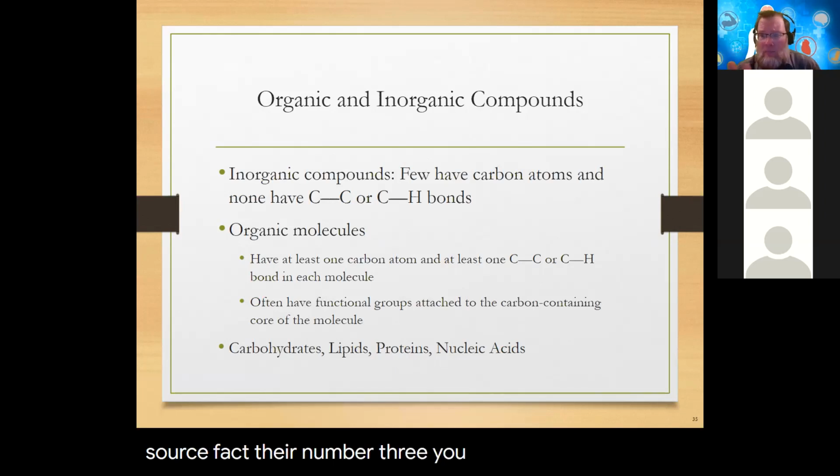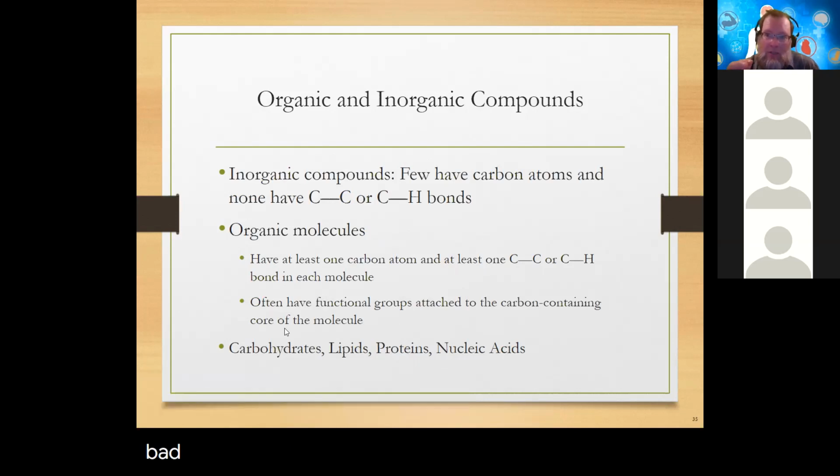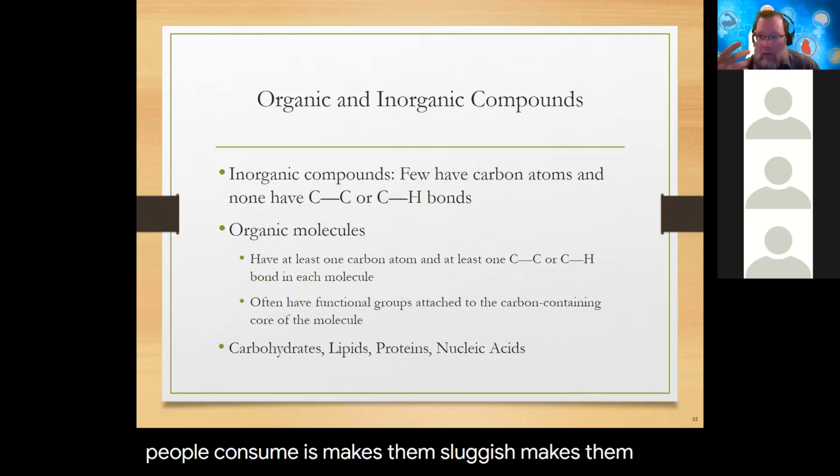Don't believe that keto diets and all that are good for you. Proteins are the least preferred source of energy. Lipids are second least, and carbohydrates are number 1. The reason carbs get a bad reputation is because of the type of carbohydrate that people consume makes them sluggish, makes them maybe obese.